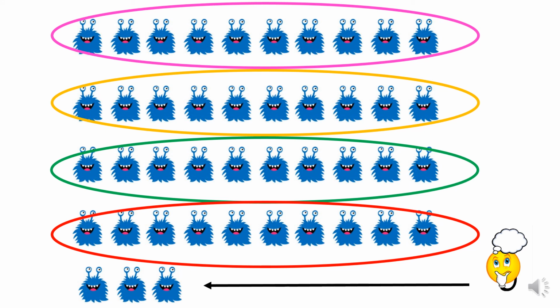Are they in a group of 10? No, they're not in a group of 10. They are spare, they are left over. In maths, we call that remainder. So we have 3 leftover aliens that can't go into a group, because remember, our groups can only have 10 aliens in each.